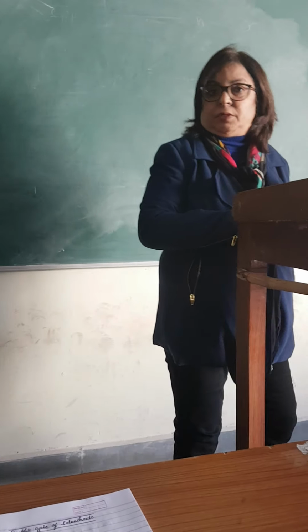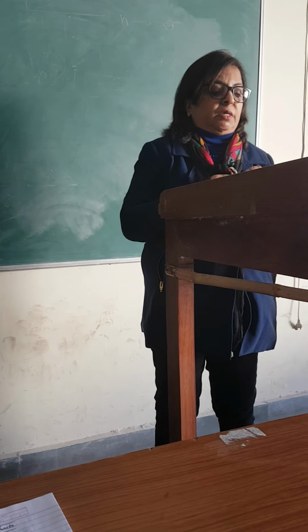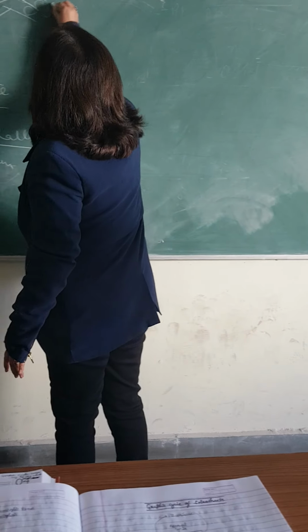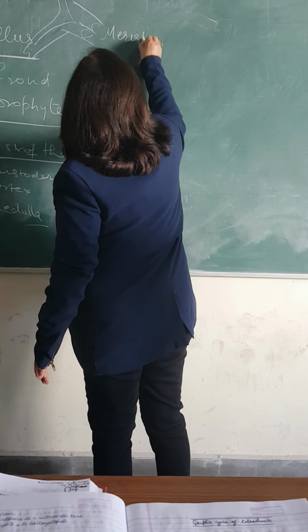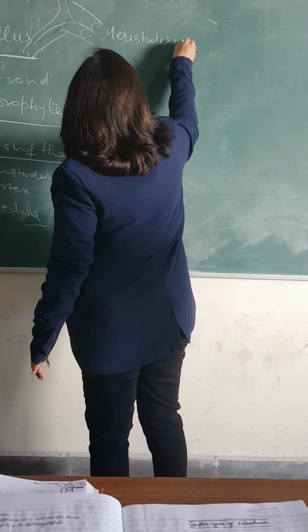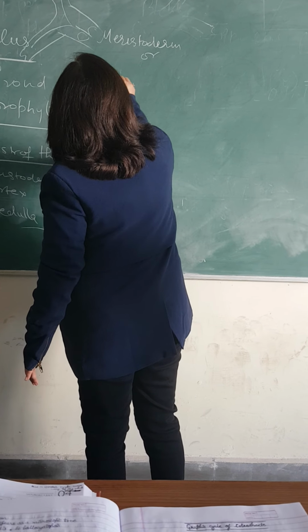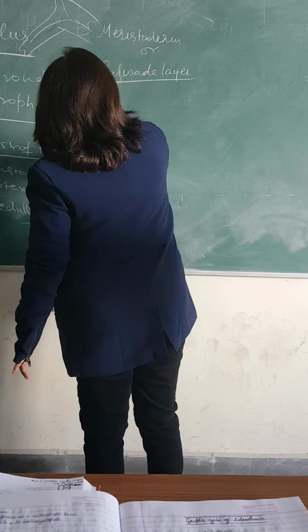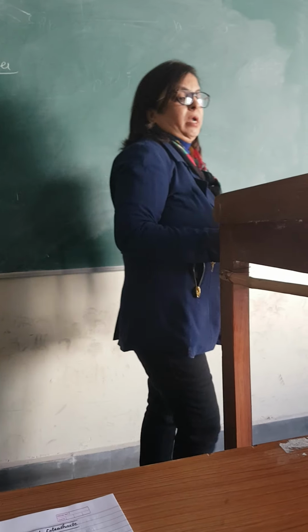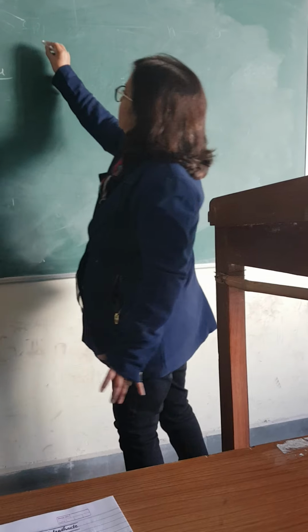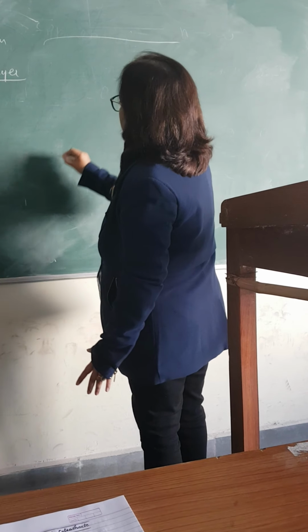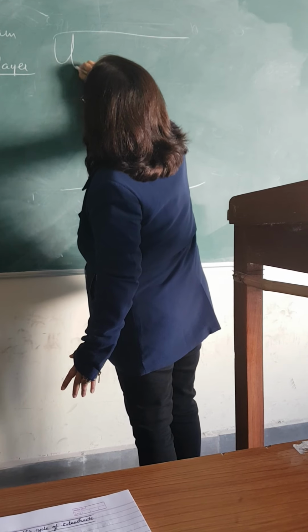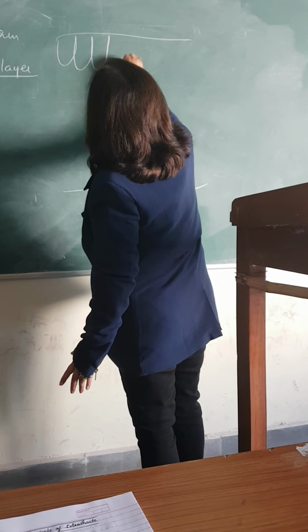Coming to the first, that is the meristoderm. Meristoderm is also known as palisade layer. This is consisting of columnar cells.